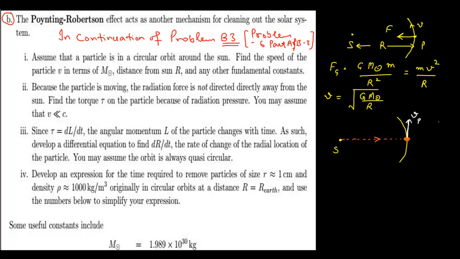I am denoting it with Vp. This is the direction of motion of the particle at that instant, and radiation is along this line, and also the radiation is traveling in this direction with c, means the speed of light. Clear? Now what he is saying is that the radiation force is not directed directly away from the sun, means the radiation pressure or radiation force is not directed along this line.